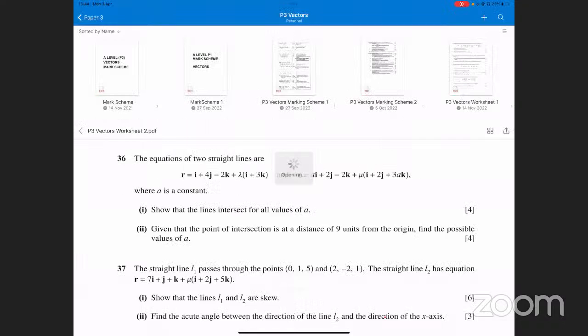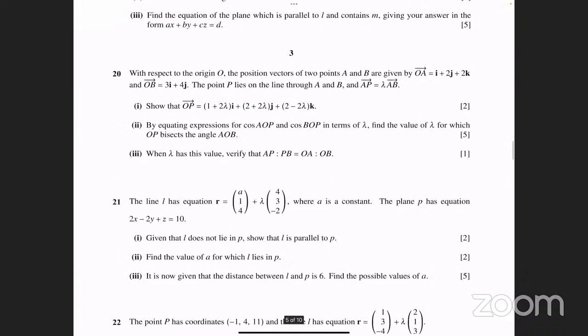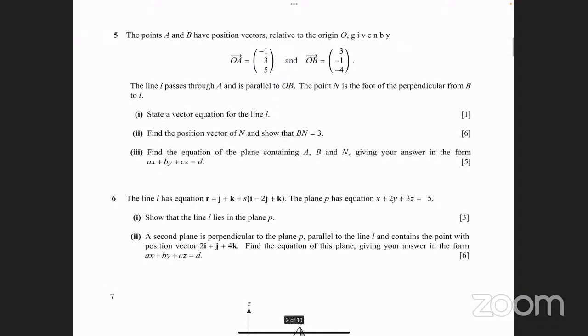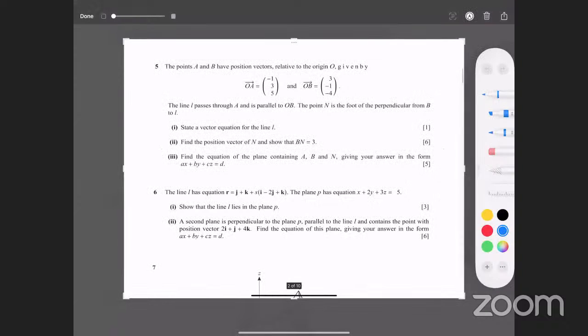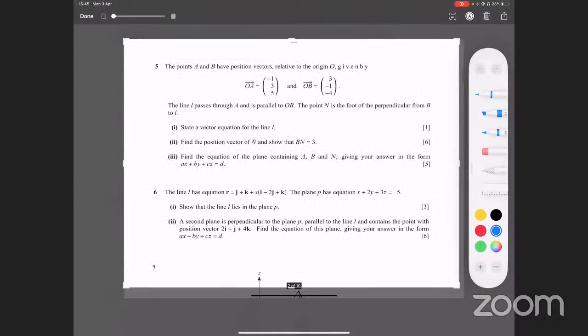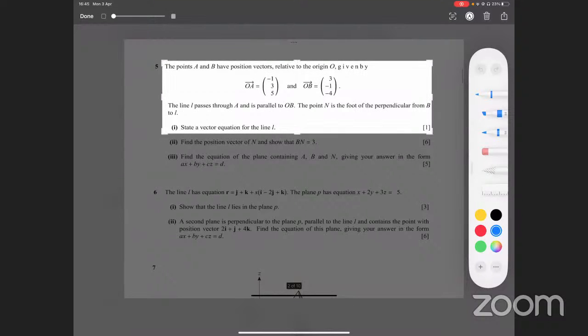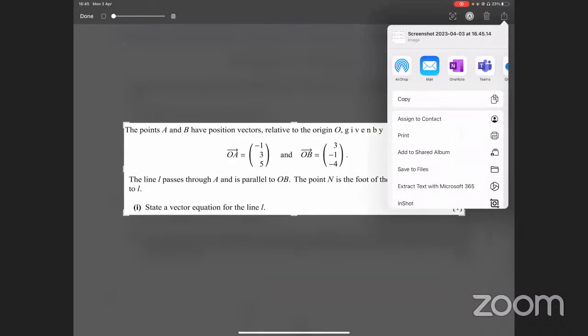First of all, vectors worksheet 2. Now, for now, I'm only going to look at the first part of this. It's mostly just a 1-mark question, finding the equation, and then in the next part, you have to use that equation to do something else.